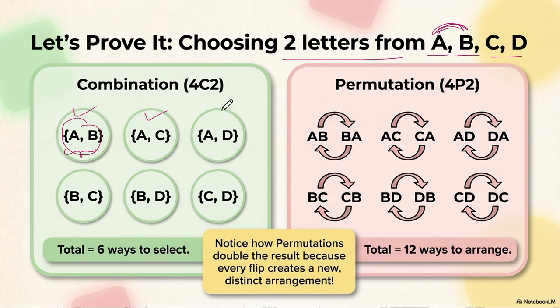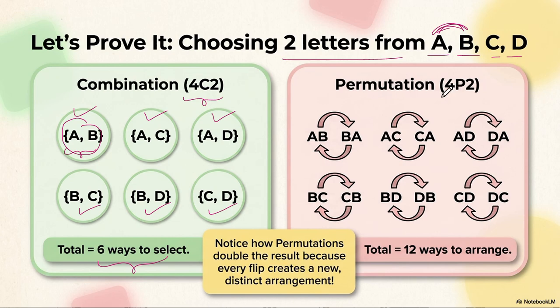Then we can take A comma C, A comma D, B comma C, B comma D, and C comma D. So these are the different combinations that we can make. So there are a total of 6 ways to select any two letters out of 4. This is a combination.